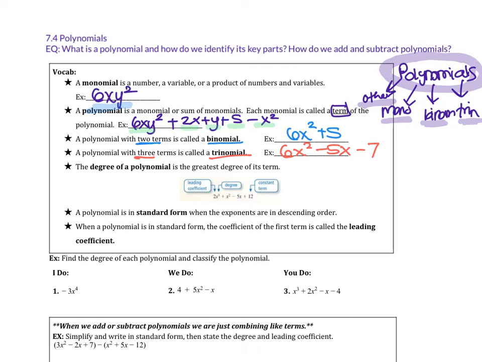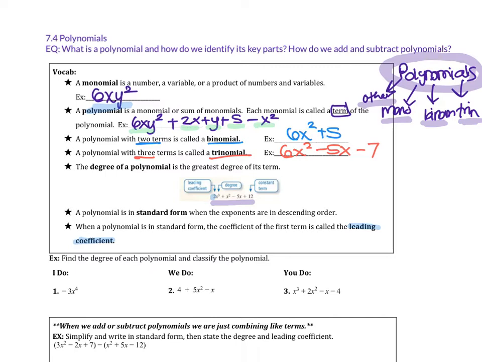So right down here, we have a polynomial that has 4 terms, so it doesn't have a special name, it's just a polynomial. And within that, there are some other things to talk about. So the leading coefficient is that number in front. So the leading coefficient here is the 2. It's the very first number in front of the term with the largest exponent. And that exponent is called the degree.